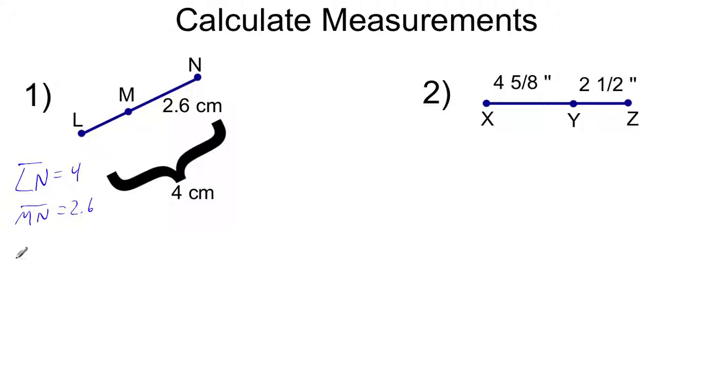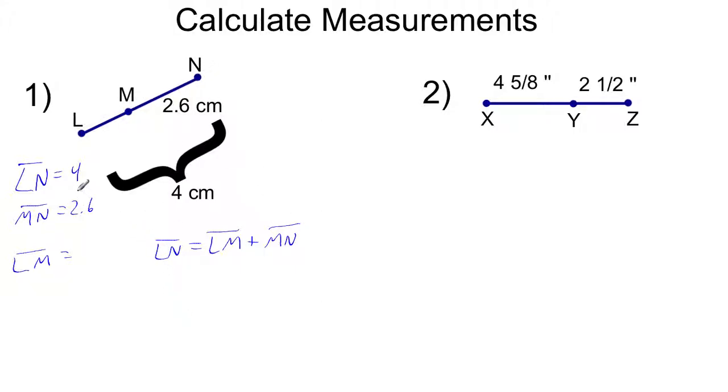So how much is the line segment LM equal to? Well, we can see that the whole line segment is LN, and that's made up of these two pieces. So LN must be equal to segment LM from here to here plus segment MN from here to here.